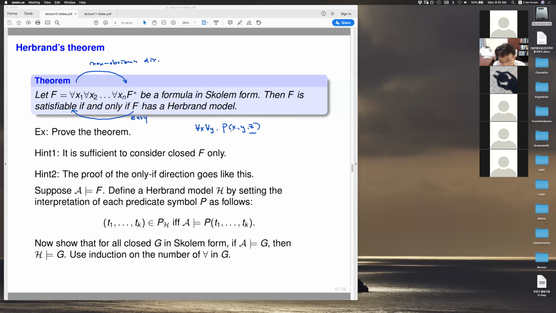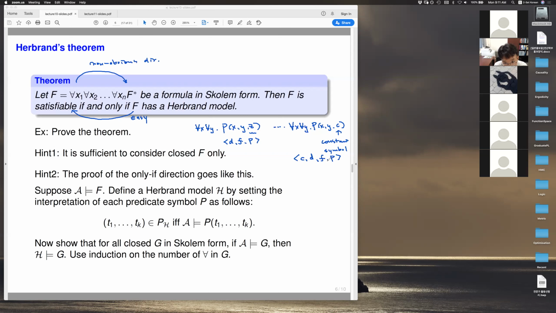The satisfiability of this formula is, in a sense, almost the same as the satisfiability of this modified formula, where z is replaced by a constant symbol. In the original formula, the signature maybe has a constant d, function symbol f, and predicate p. In the new case, we have one more constant symbol c, plus d, f, and p.